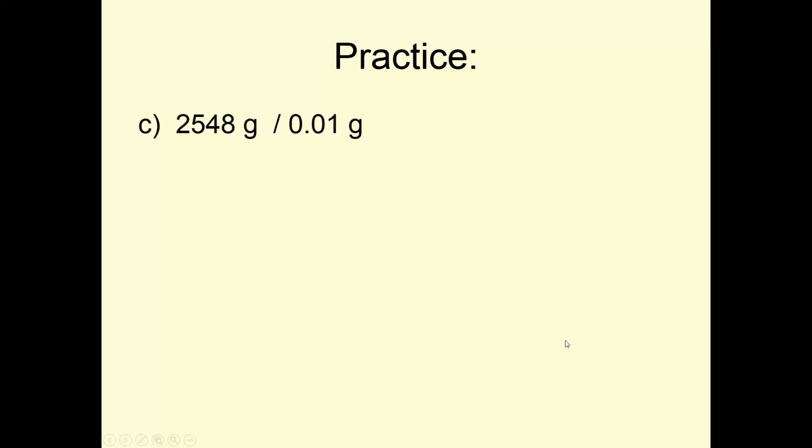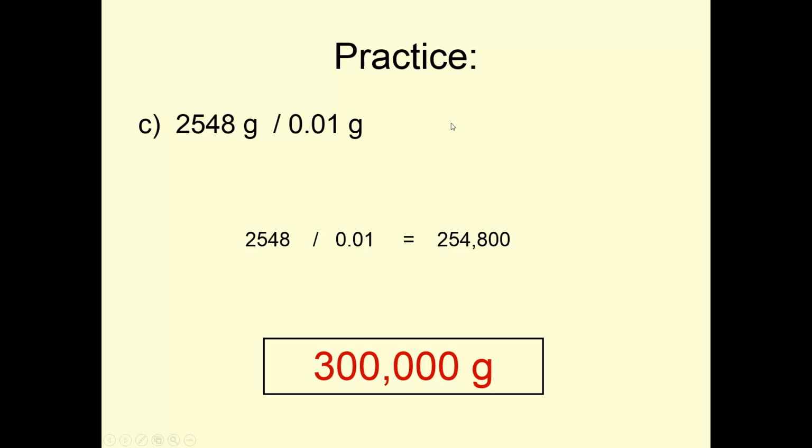2,548 grams divided by 0.01 grams. If you divide by 0.01, you're really just moving the decimal place over by 2. That's 254,800 grams. I have to go back. How many significant figures are here? How many significant figures are here? Do those zeros matter? They don't.